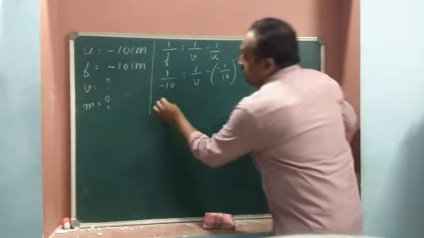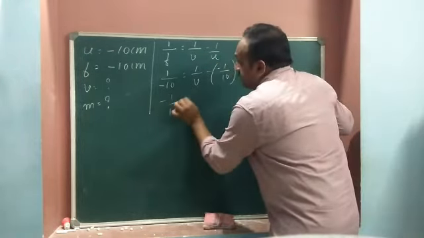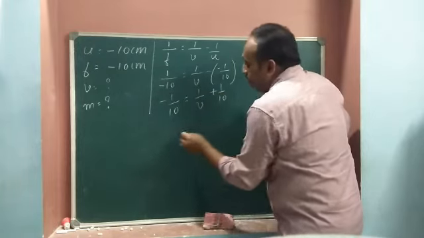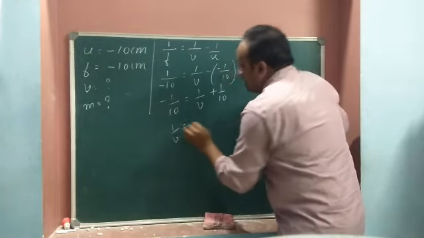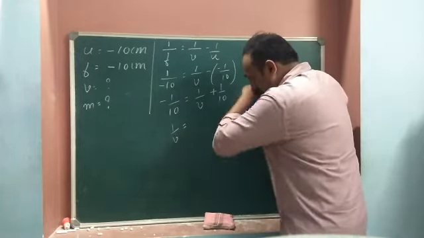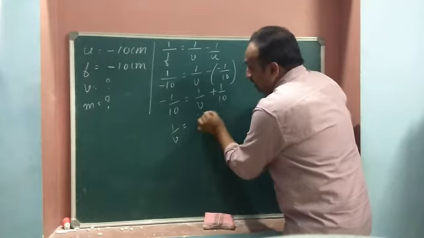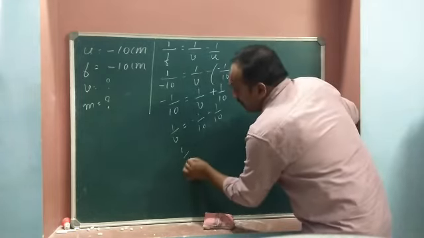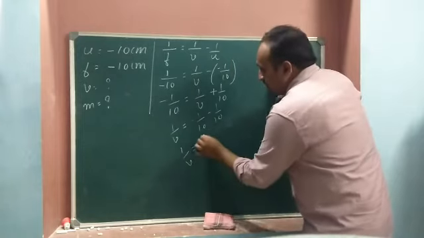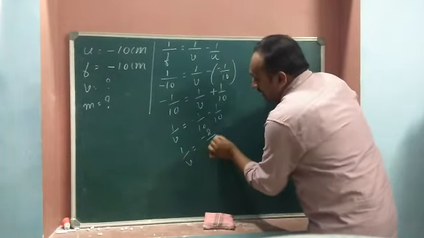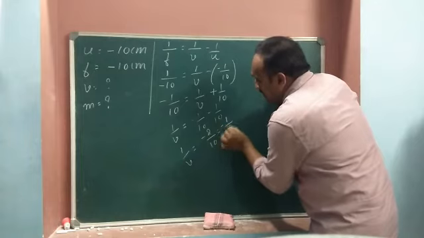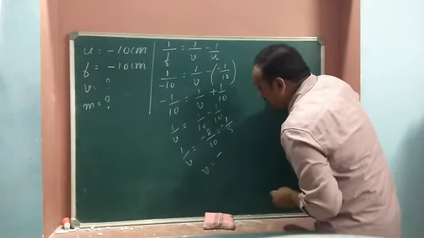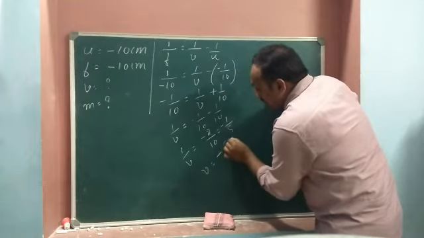Next step, minus 1 by 10 is equal to 1 by V plus 1 by 10, or 1 by V is equal to minus 1 by 10 minus 1 by 10. So 1 by V is equal to minus 2 by 10, nothing but minus 1 by 5, or V is equal to minus 5 centimeter.